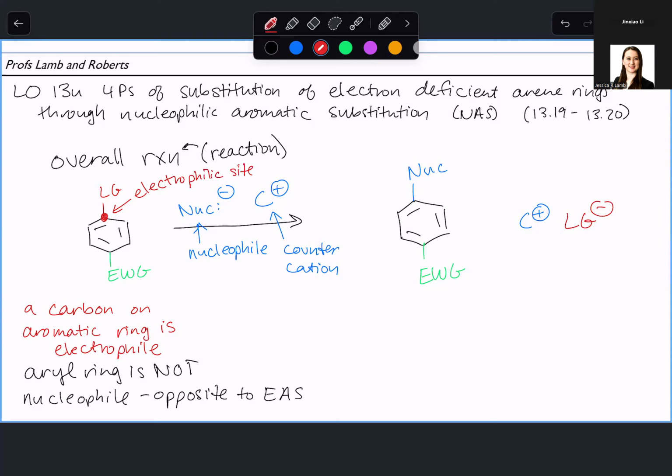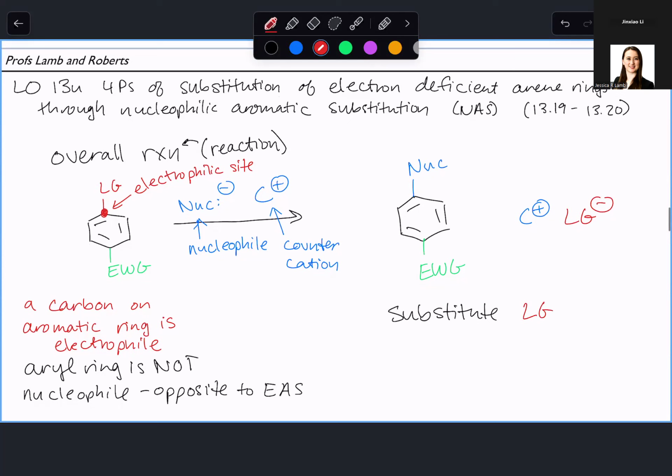So this is already opposite to EAS, okay? Opposite. The ring is the electrophile. We are reacting with a nucleophile. And the overall reaction is to substitute our leaving group, which is going to be a halogen of some sort, so fluorine, chlorine, bromine, iodine, right? Halogens.